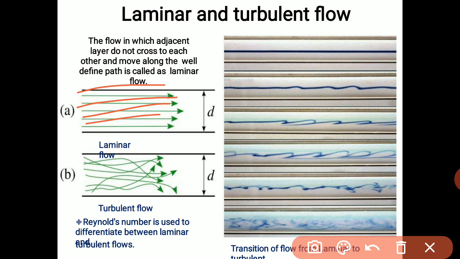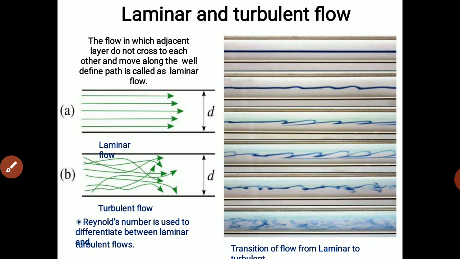They are not interfering with the path of the following flow particles. And just see the diagram of turbulent flow. Okay, the fluid particles are interfering or disturbing the path. They are traveling in an indefinite way. So that is the flow pattern in laminar and turbulent flow.